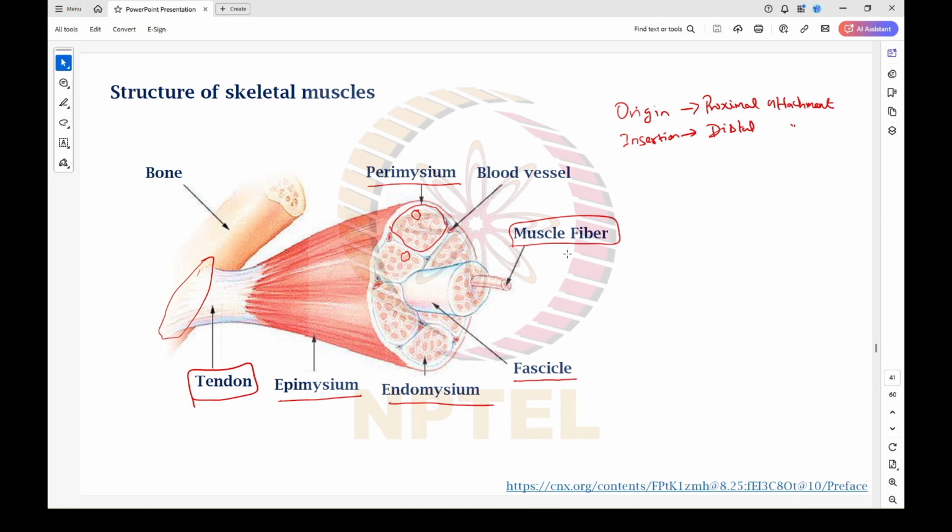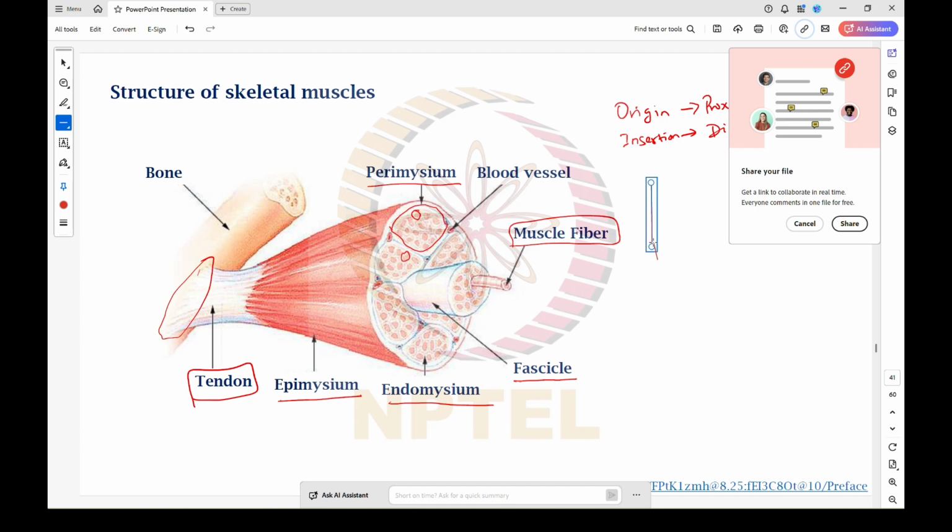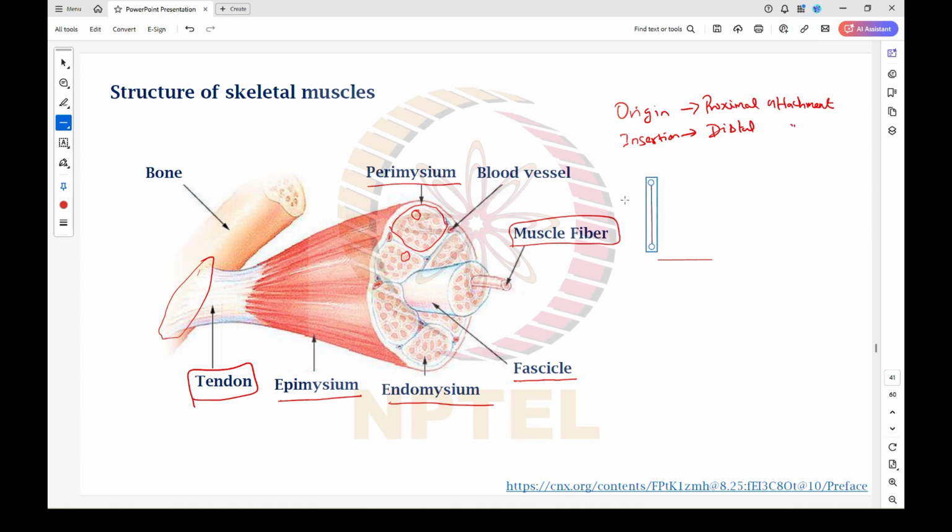So if this is the upper forearm and this is the lower forearm, and there is a muscle in between these two lines, the origin would be in the upper forearm and the insertion will be in the lower part of the forearm.